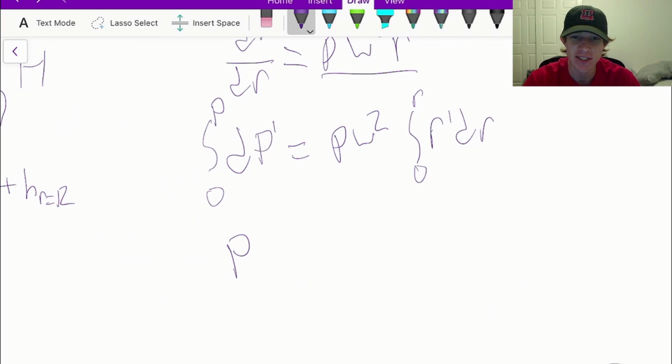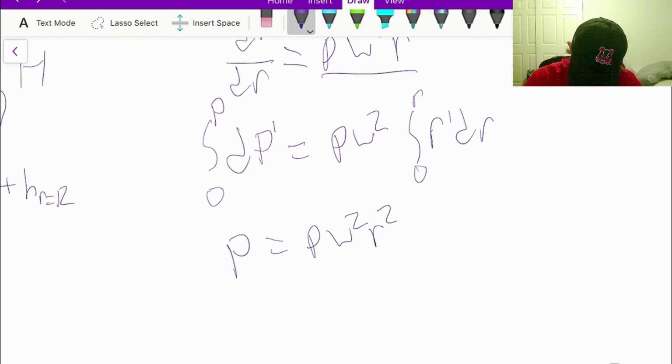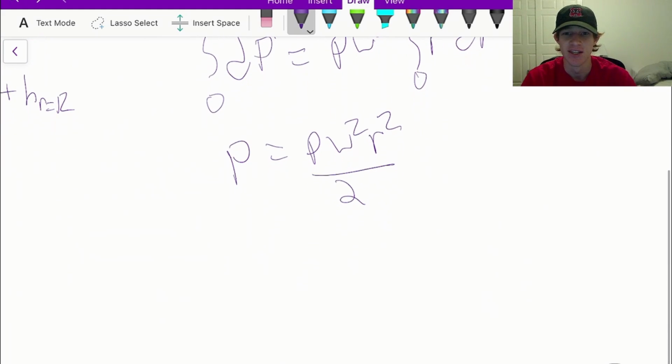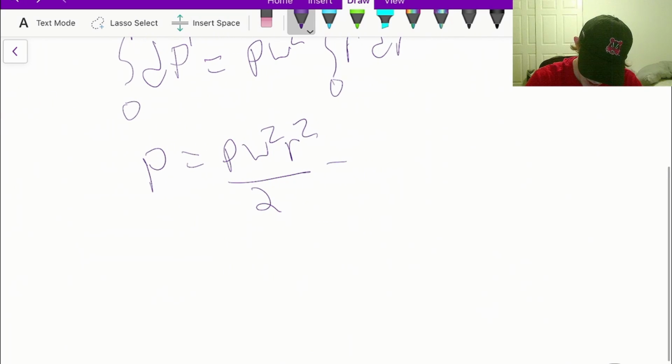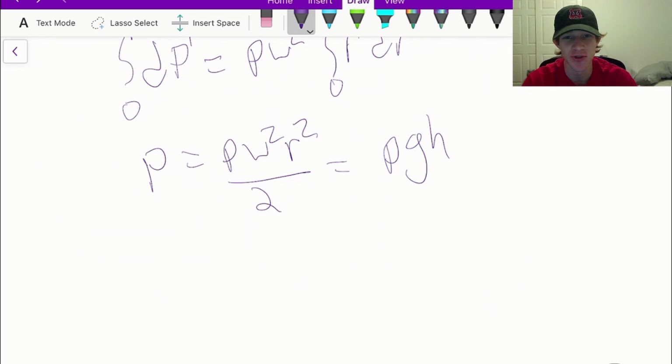Alright, and once we integrate this, we will get the pressure P equals rho omega squared times r squared over 2. So we also know that pressure at any point underwater is equivalent to rho g h. So we put those two equal.